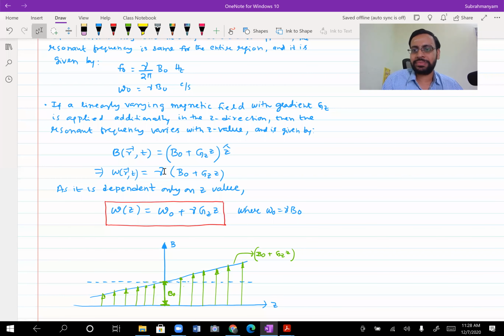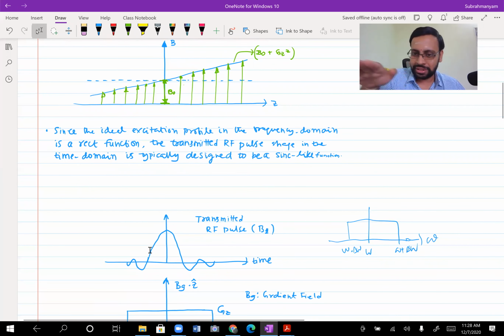It is constant. That value is fixed. Gamma by 2 pi, we have seen something like 42 megahertz or 42.6 megahertz. Then this frequency is dependent on the spatial location only for a given uniform magnetic field of B naught. Spatial location plus, of course, the gradient, which is constant for the entire thing.